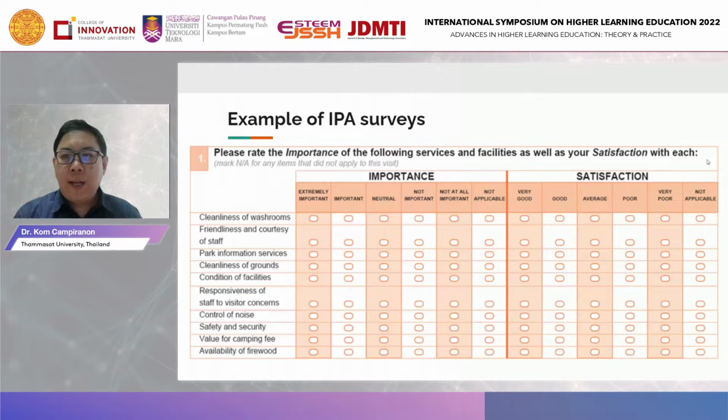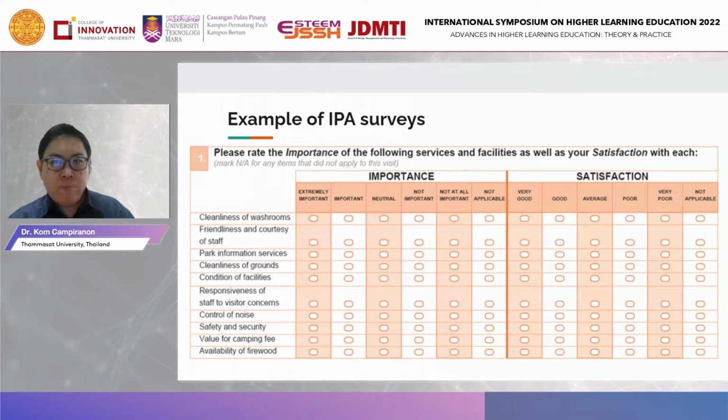So the survey might look something like this, right? For example, the first question, the cleanliness of the bathroom. We ask our customers, what is the importance of this factor? Let's say the customer says it's very important that the toilet should be clean, right? So they might say, okay, very important.